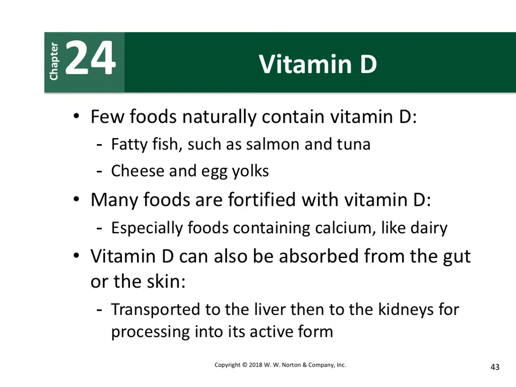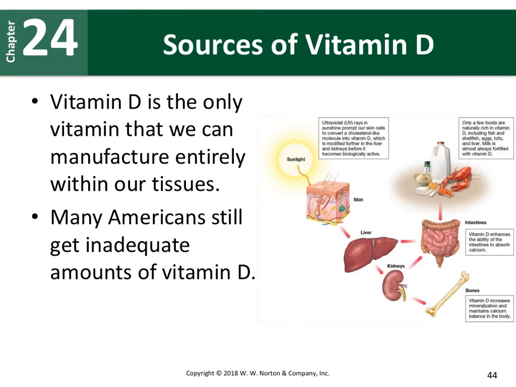Okay. Few foods actually contain vitamin D, but we can make some of it by being out in the sun. Fatty fish, this is salmon and tuna, cheese and egg yolks, and calcium and dairy can also be absorbed from the gut or the skin, transported to the liver, then the kidneys, and so on. Okay.